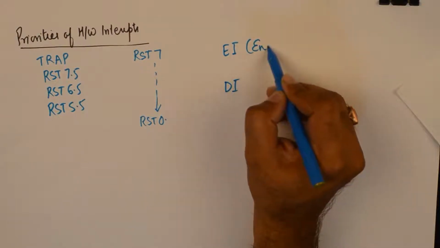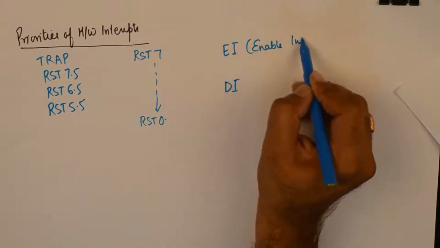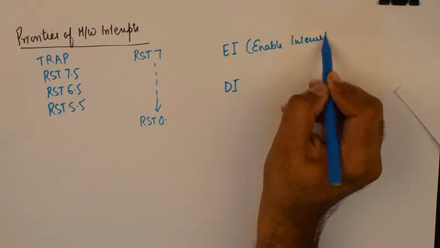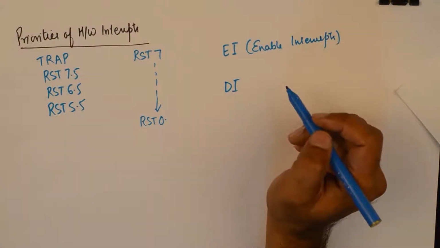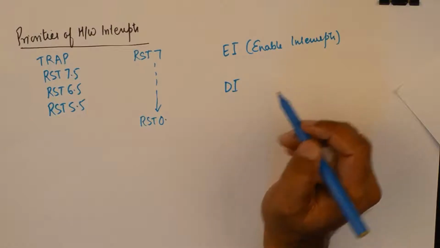EI is enable interrupts. Now this is going to enable all the interrupts. Microprocessor will be welcoming to all the interrupts.